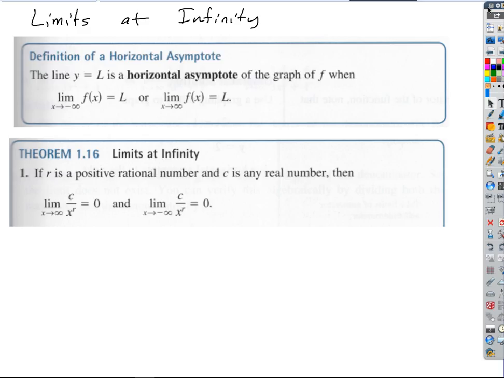Okay. That makes sense? How come that works? Just in a nutshell. Somebody raise your hand and describe that to us. Explain to us what's going on. C is some constant. What happens? Why does that fraction go to 0?